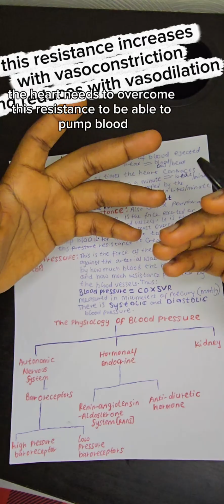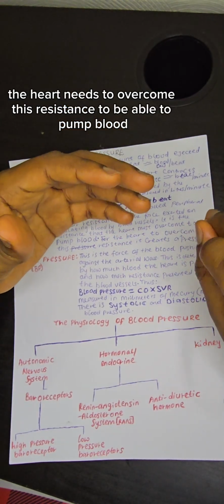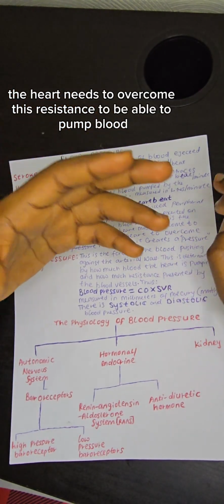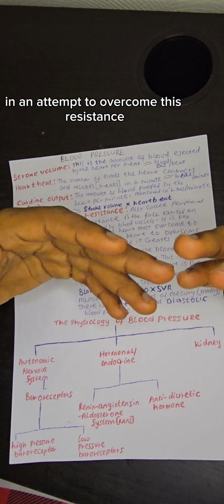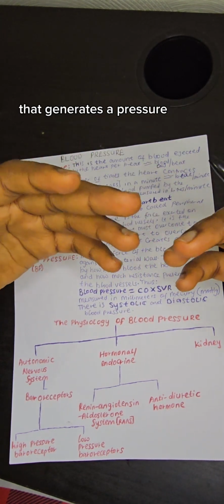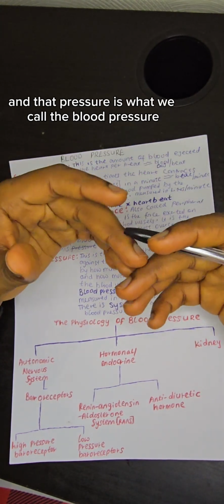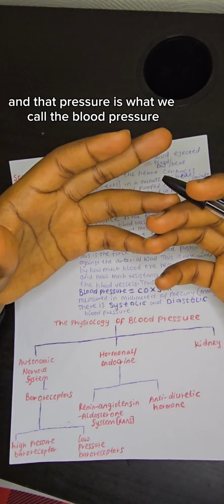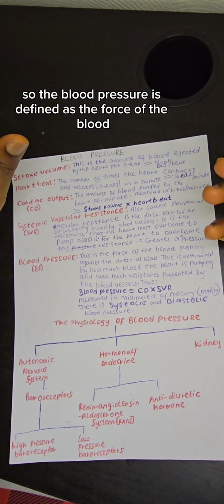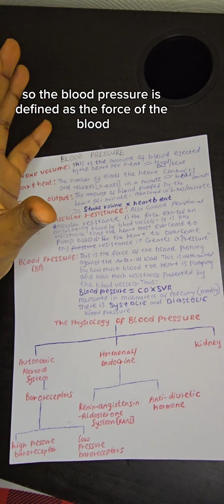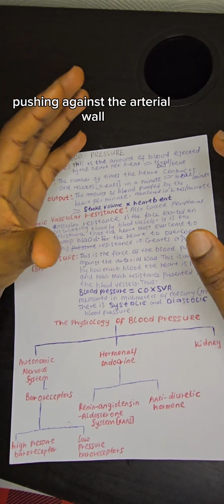So the heart needs to overcome this resistance to be able to pump blood. In an attempt to overcome this resistance, that generates a pressure, and that pressure is what we call the blood pressure. So the blood pressure is defined as the force of the blood pushing against the arterial wall.